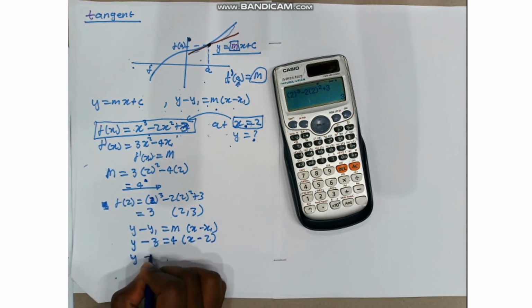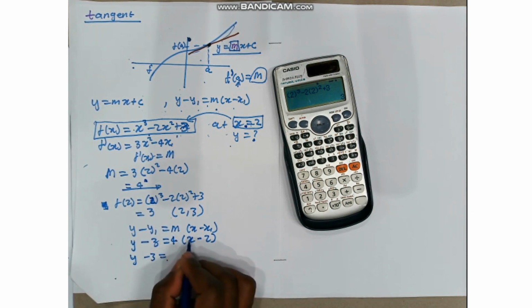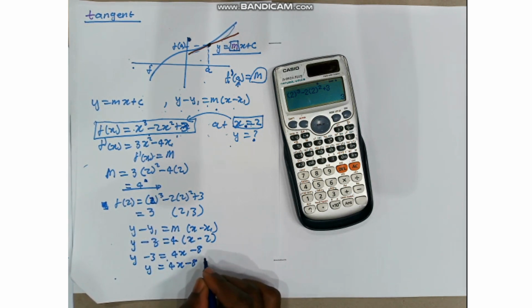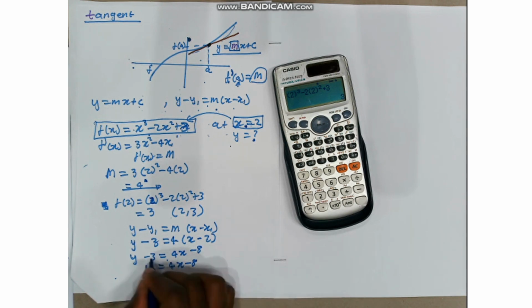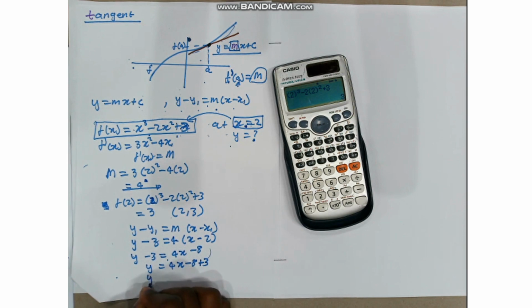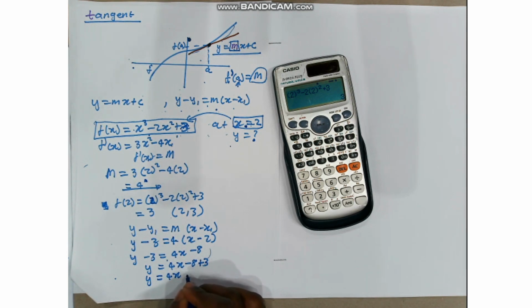Then y minus 3, this times this, 4x, this times this, minus 8, and then y is equal to 4x minus 8, and then plus 3, then y is equal to 4x minus 8 plus 3, which is just negative 5.